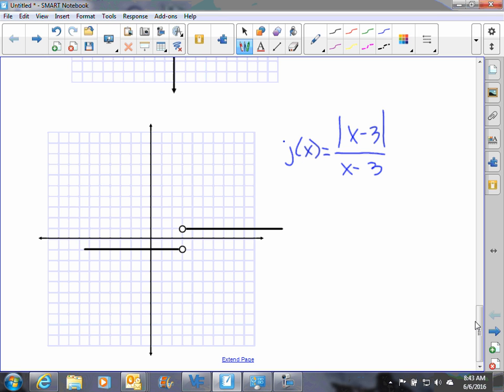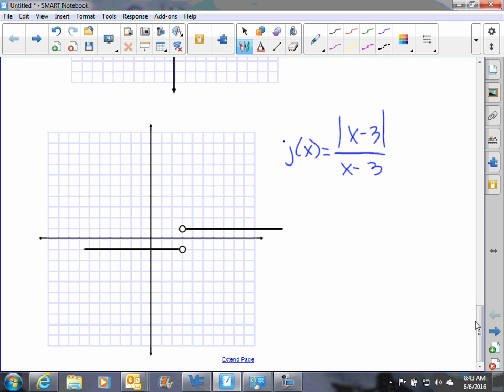Now, notice when x is greater than 3, let's say if x is 4, we get 1 on the top and 1 on the bottom, which is 1. When x is 5, we get 2 on the top and 2 on the bottom, that's 1. When x is 6, we get 1 on the top and 1 on the bottom. Again, that's 1.